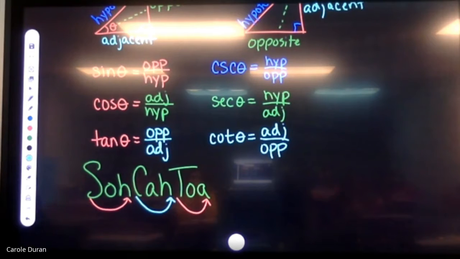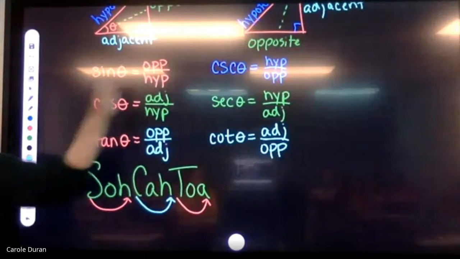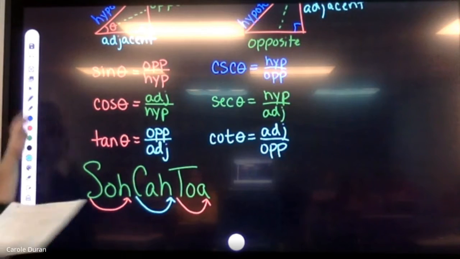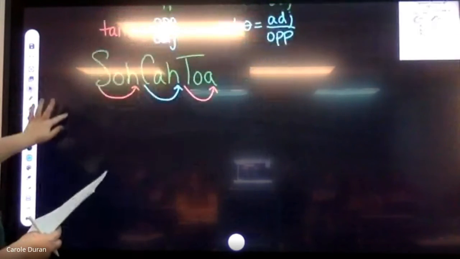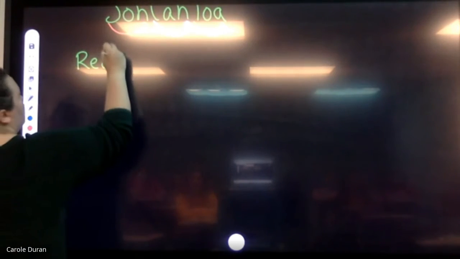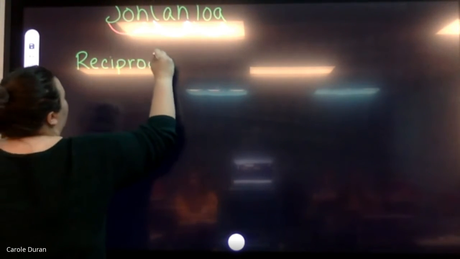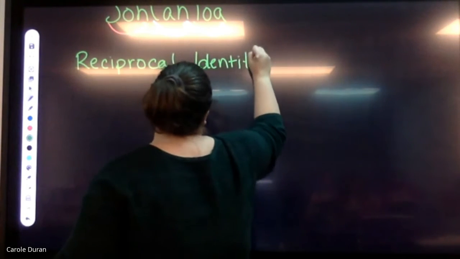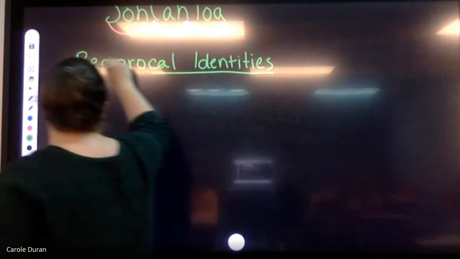Okay, so I called these three reciprocals of these three, which means that there's a certain relationship or way that I can write these out in terms of their reciprocal function. So we're going to call these the reciprocal identities. And you're going to come to love these. If not, you need to pretend like you do because they're going to be everywhere.